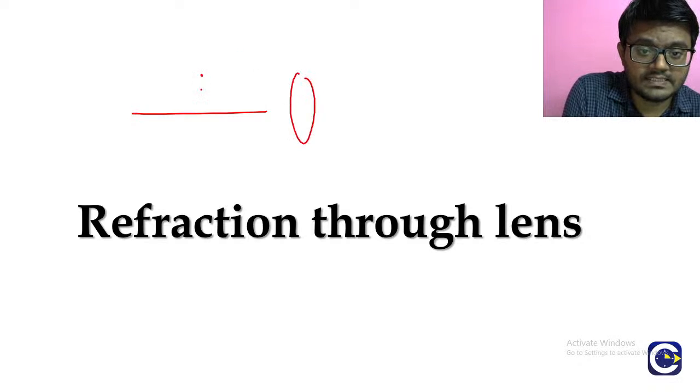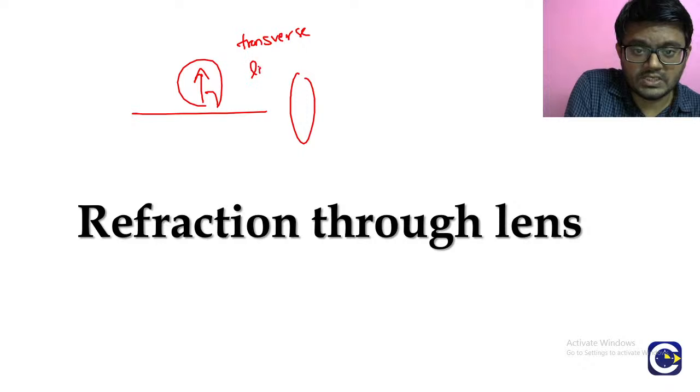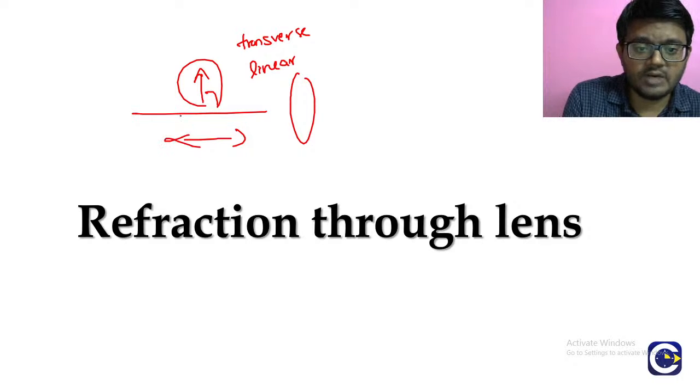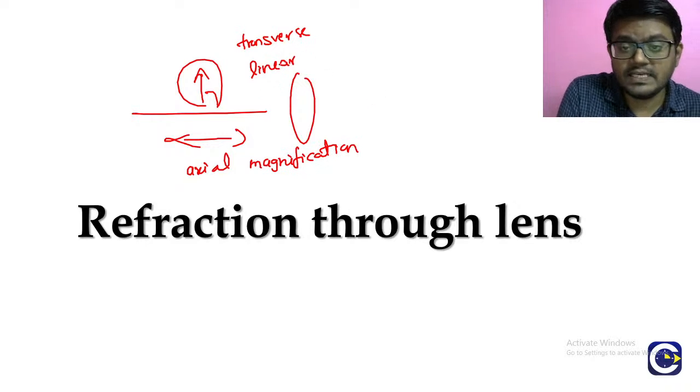If you have a lens like this, the magnification in terms of the height of the object is what we call the transverse magnification or linear magnification. If you keep an object on the axis, then we talk about the axial magnification.